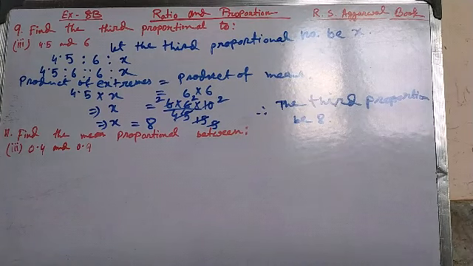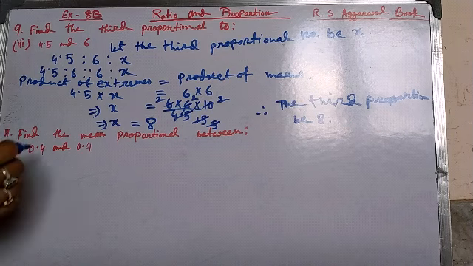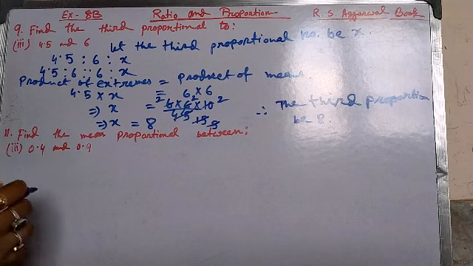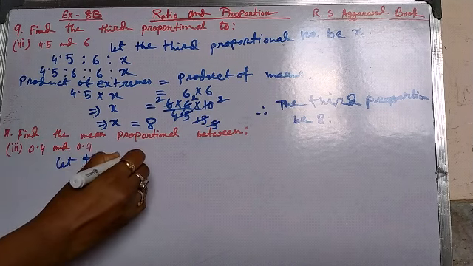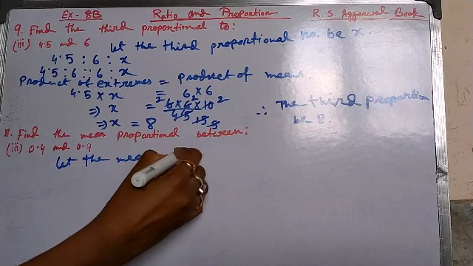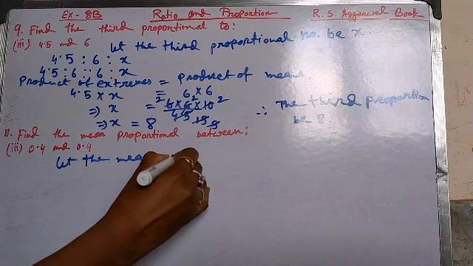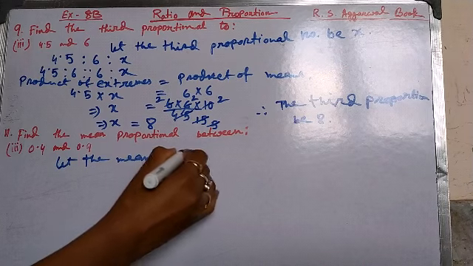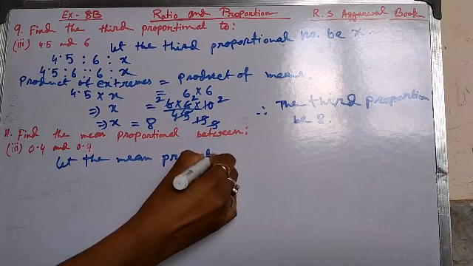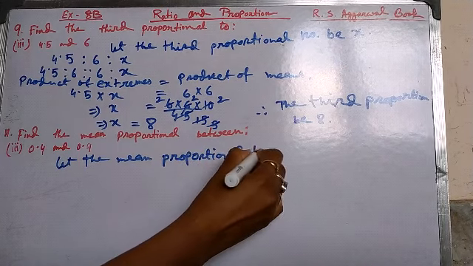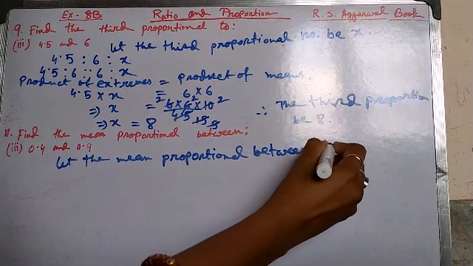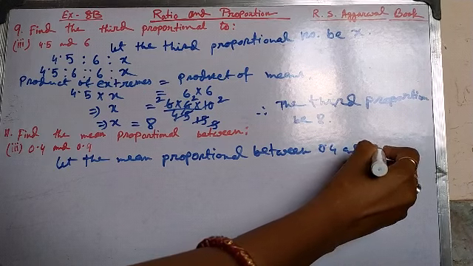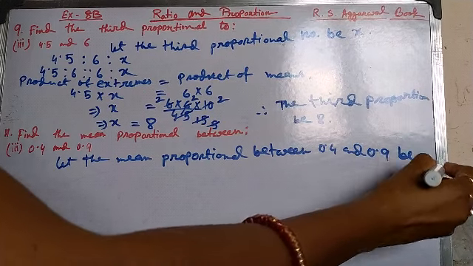Now question number 11. Find the mean proportional between 0.4 and 0.9. So here let the mean proportional between 0.4 and 0.9 be x.